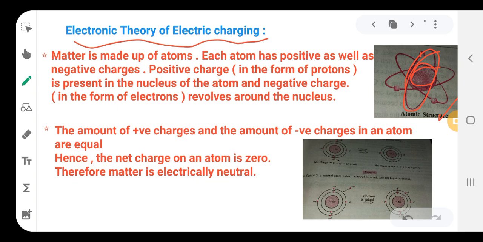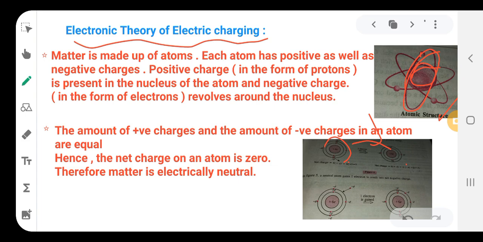The valence electrons are free to move from their vicinity. They can jump to another atom. The atom which gains the electron has a negative charge, and the one which loses the electron has a positive charge. This is the background of the electronic theory of electric charging.